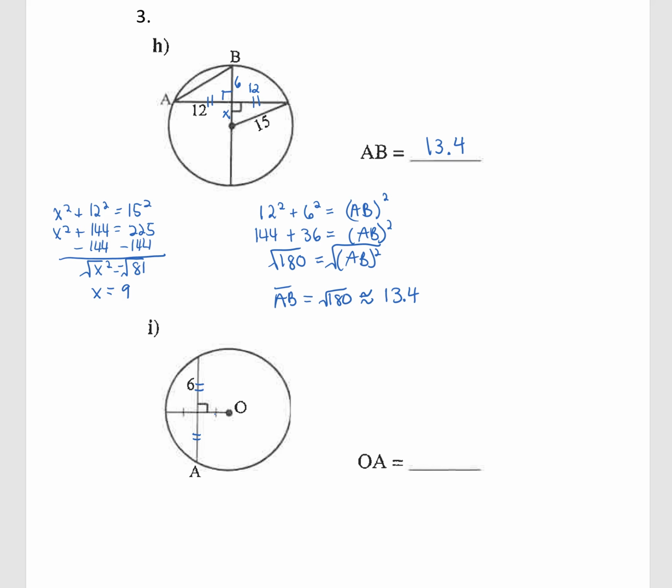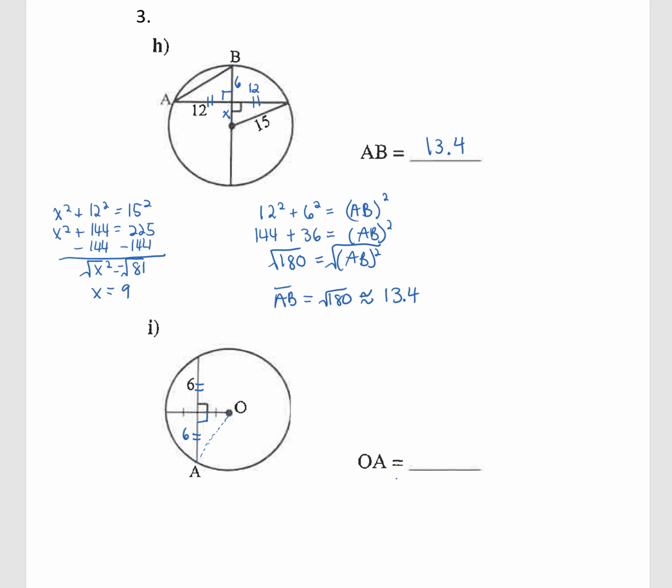So we know that this side is also 6, because these two are equal. And we can come up with a right triangle with one side that's the length OA, which is what we're trying to find.